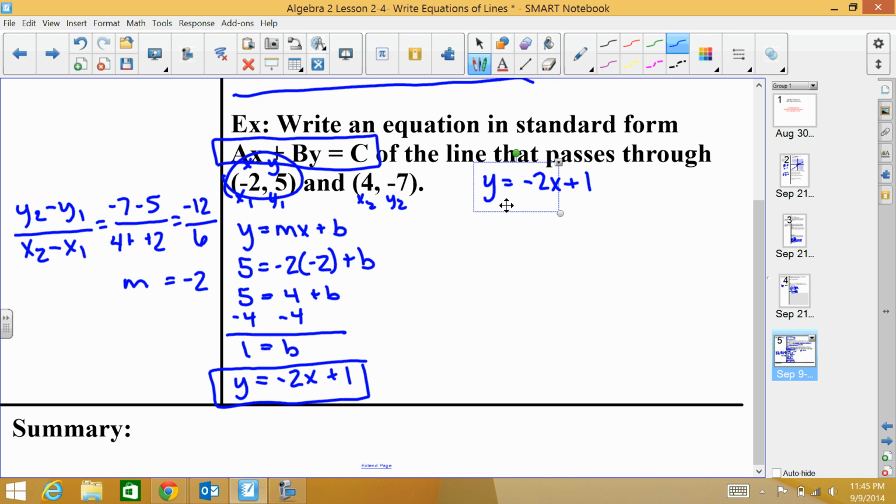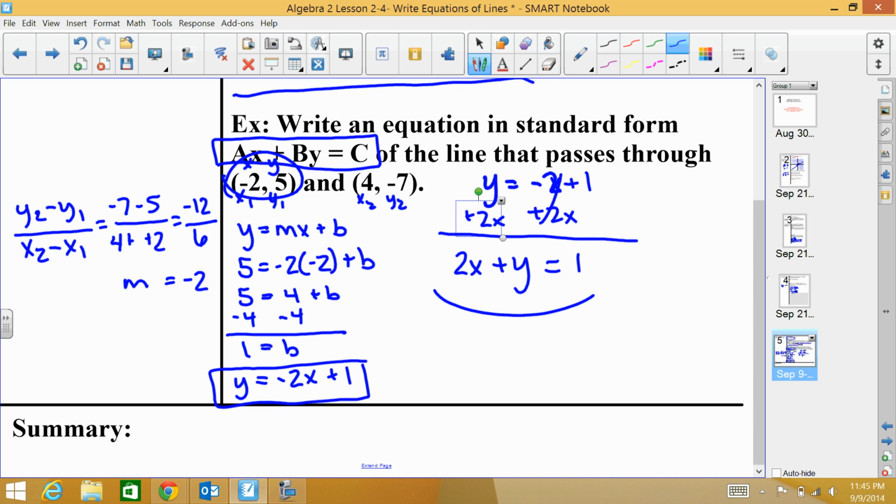So I need to think about how I would get x and y on the same side in this equation. Well, I would have to move the x over, so I'm going to add 2x to both sides. And I want it to go ax plus by equals c. So I would have 2x plus y equals 1. And then that would be my final answer in standard form.